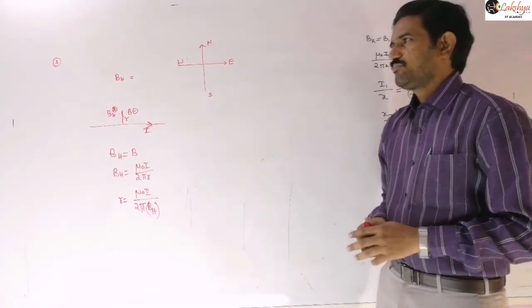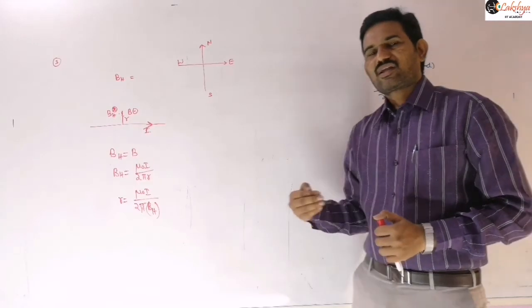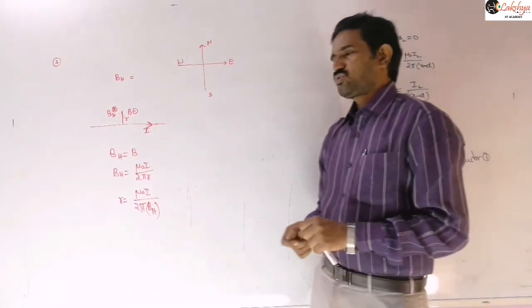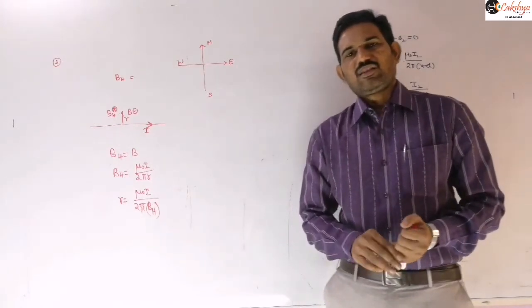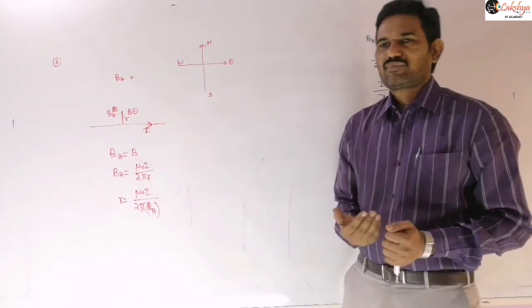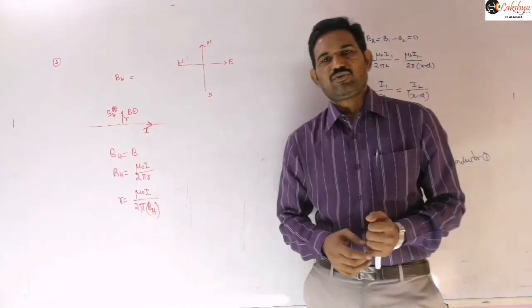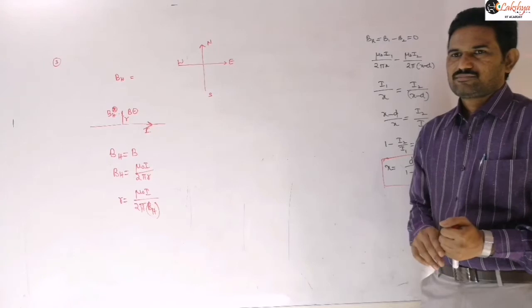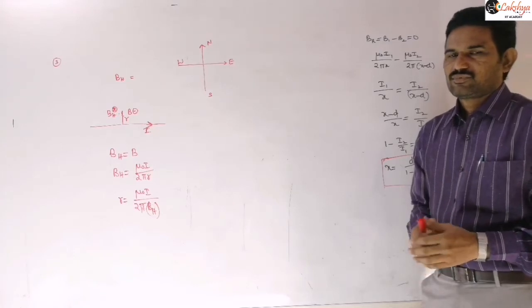So mention that also. In the same case, if the current is flowing towards west, then the neutral point will be formed below the conductor. Neutral point will be formed below the conductor, right?